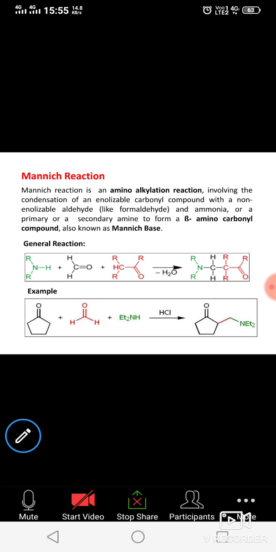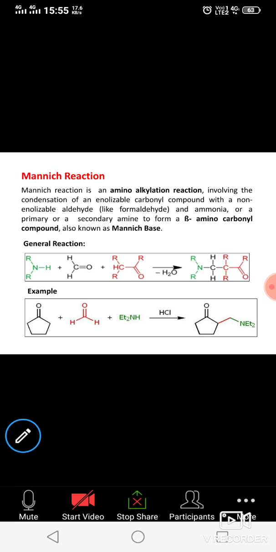It involves the condensation reaction. When we are talking about the condensation reaction, it means there is a removal of a water molecule. So it involves the condensation of an enolizable carbonyl compound. When I say enolizable carbonyl compound, it means it has the alpha hydrogen.